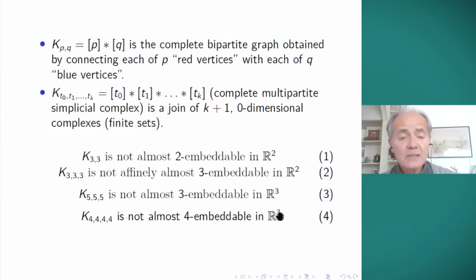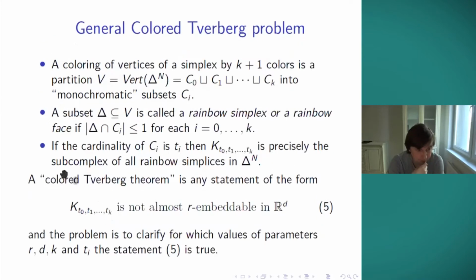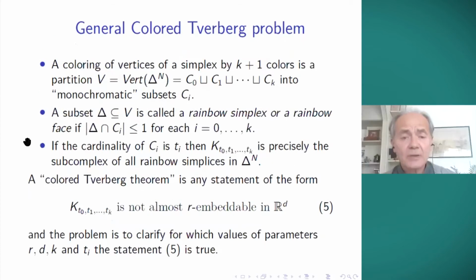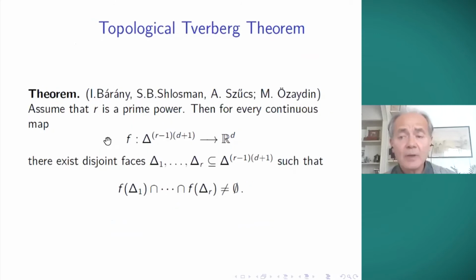So these are all examples of different types of colored Tverberg theorem. So what is the colored Tverberg theorem? Well, let me just quickly remind you, the topological Tverberg theorem can also be described as monochromatic, only one color.